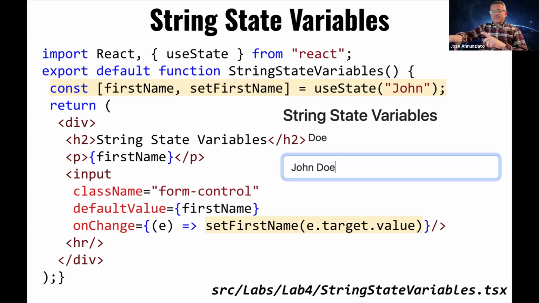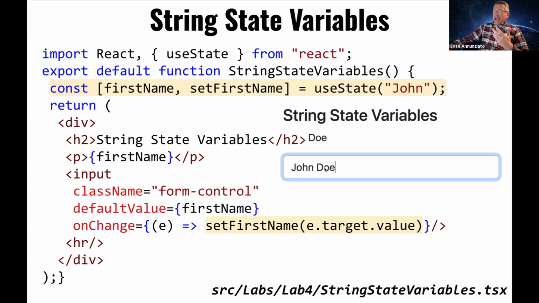Whereas if it were value, and it sets the value of first name, and you try to type, it won't even let you type. The value is always stuck at John Doe or whatnot. You can't even type it. Whereas default value will set it but then allow you to change it as you go. Now, in either case, the first name would always be just John.